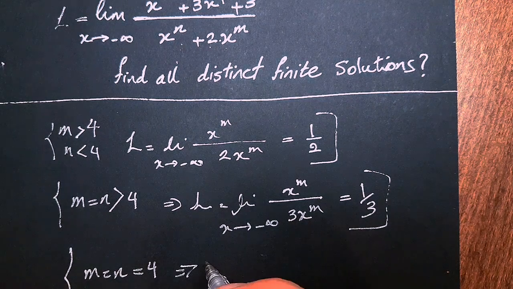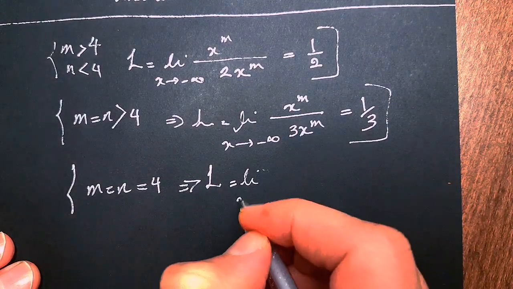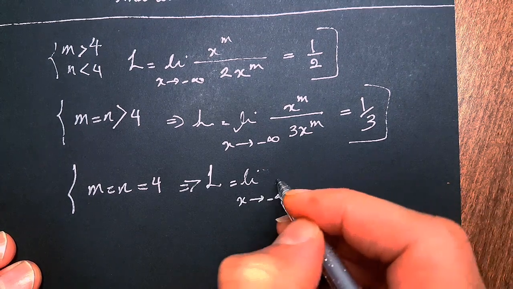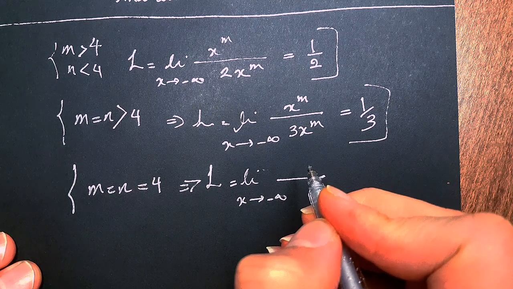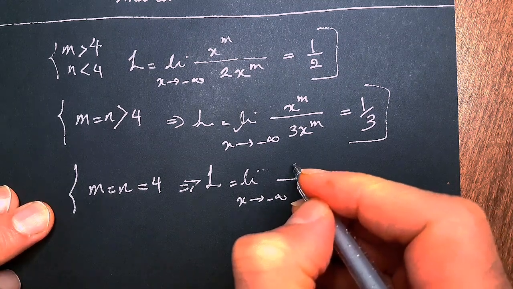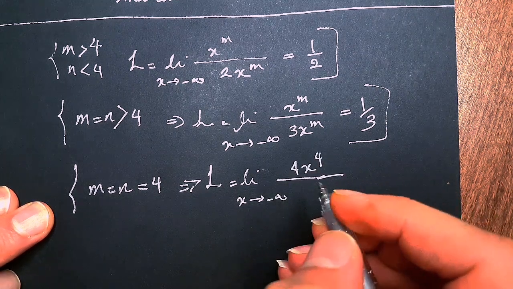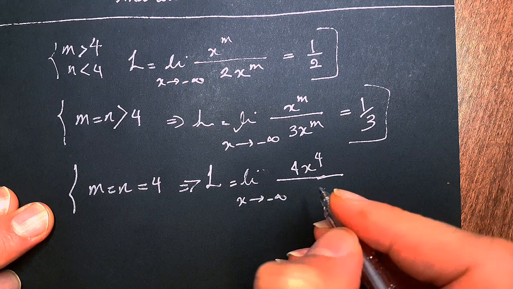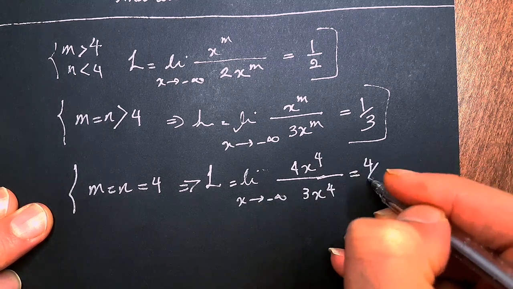So our limit will be the limit of when x goes to minus infinity. On the top we will have x to the power of m plus 3 x to the power of 4, and m is 4, so we will have 4x to the power of 4. And on the bottom we have 3x to the power of 4, which is going to be 4/3.